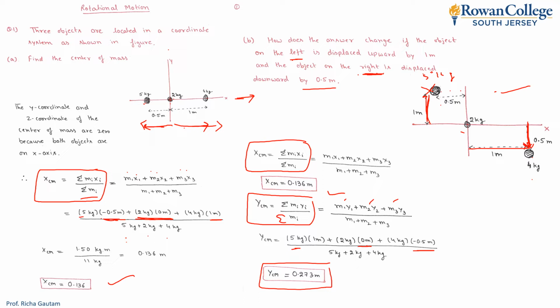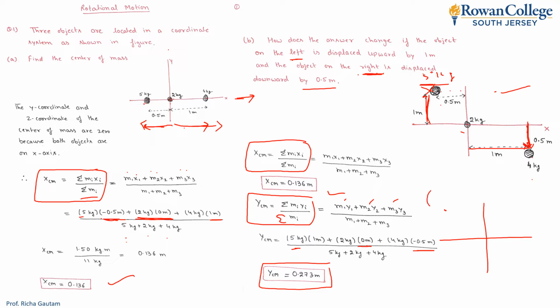So this is how you are going to find the center of mass for any system where the different masses are located at different positions. Now you can also do one thing: if I'm talking about this 5 kilogram mass, just write down the coordinates for this mass, and that's going to be easy for you.